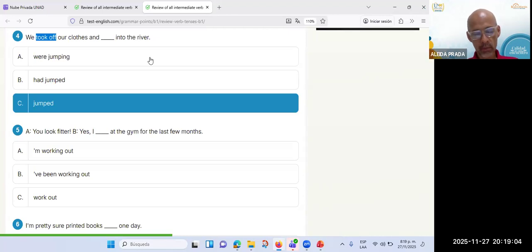Take on our clothes, ponernos la ropa. Or take off our clothes, quitarnos la ropa. Okay, and then we took off our clothes, and after that, we jumped into the river. Saltamos al río, so that's the correct one, jumped.